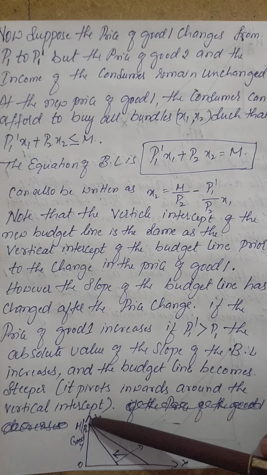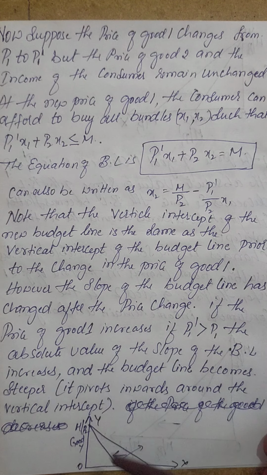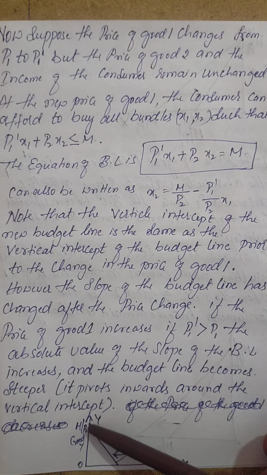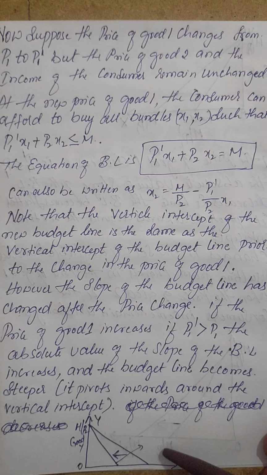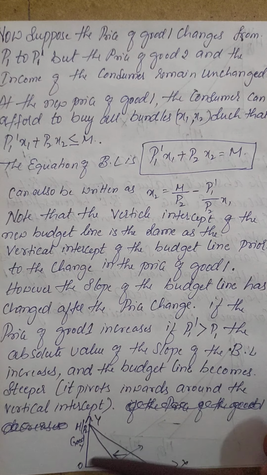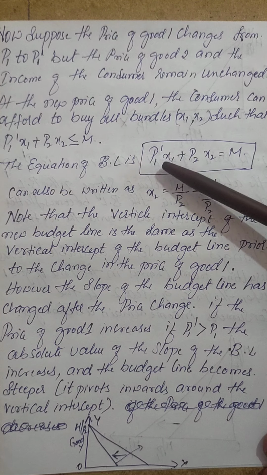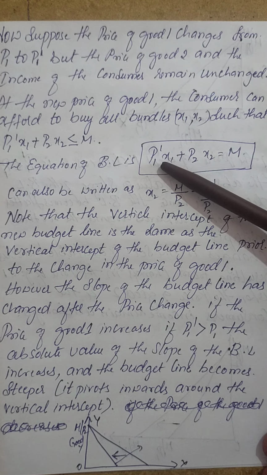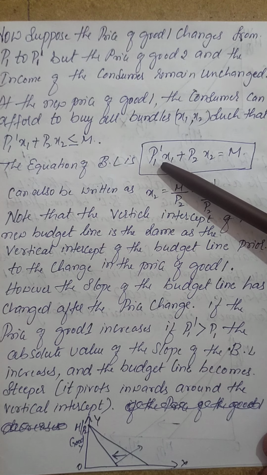See, it is going up. It becomes steeper, and it pivots inwards. As we know, when the price increases, we are not going to purchase more of good number 1.